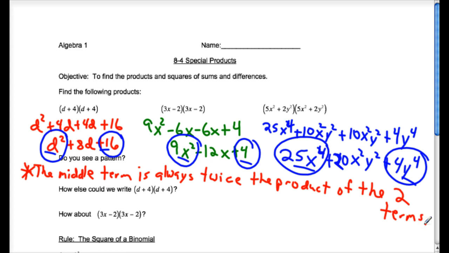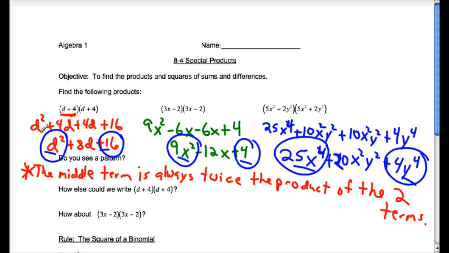Let me say it again. The middle term is always twice the product of the two original terms. For example, what's d times 4? 4d. Double it. 8d.